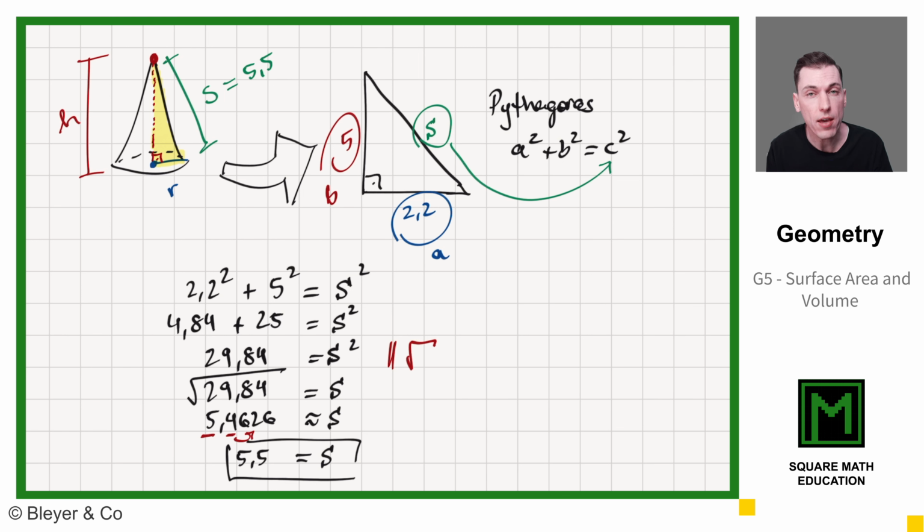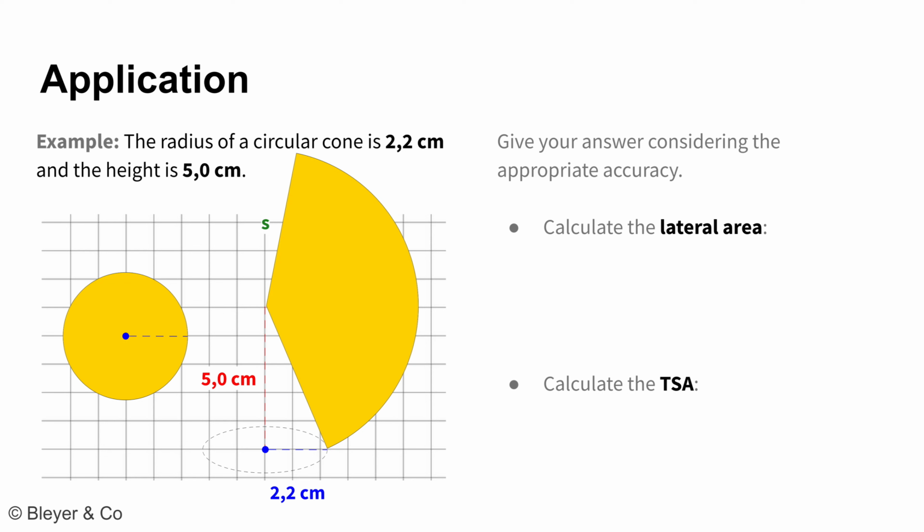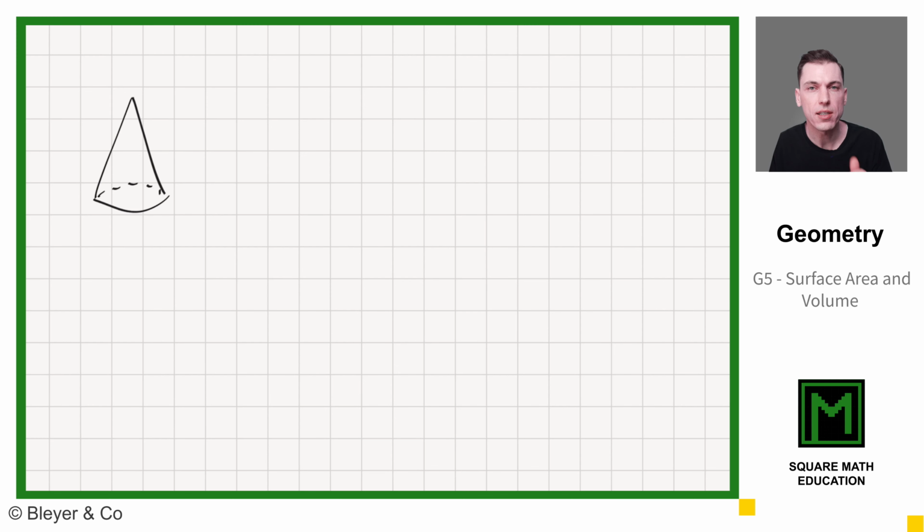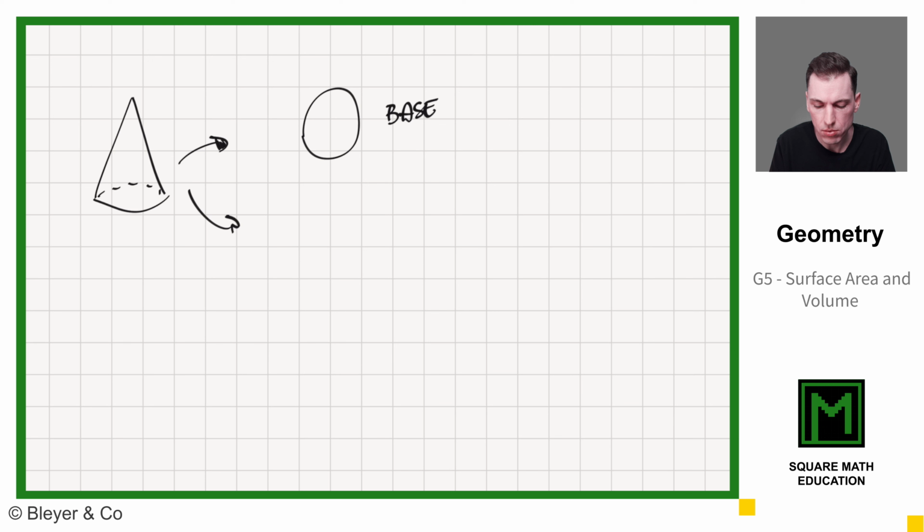Now we have everything we need to calculate the total surface area. Let's continue with the area of the lateral. We need the lateral and the base to calculate the total surface area. If you remember, in a cone we have two circles: a smaller circle, which is our base, and a big circle of which we only use part.